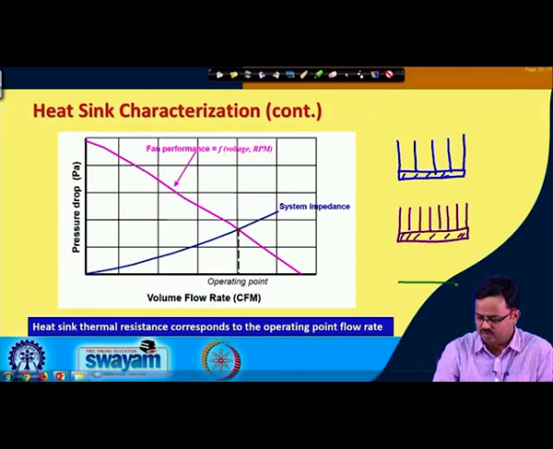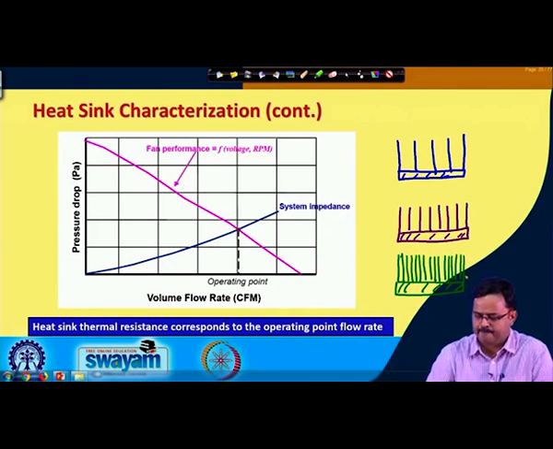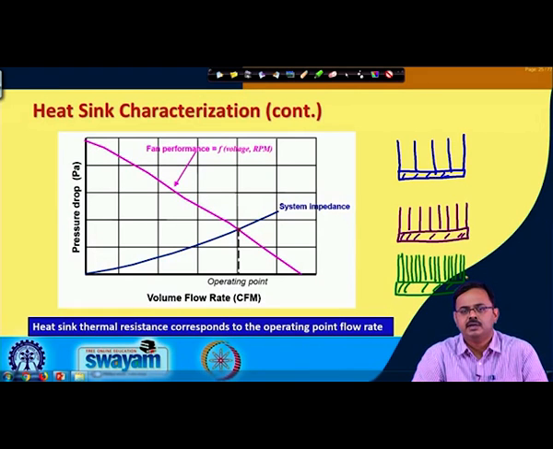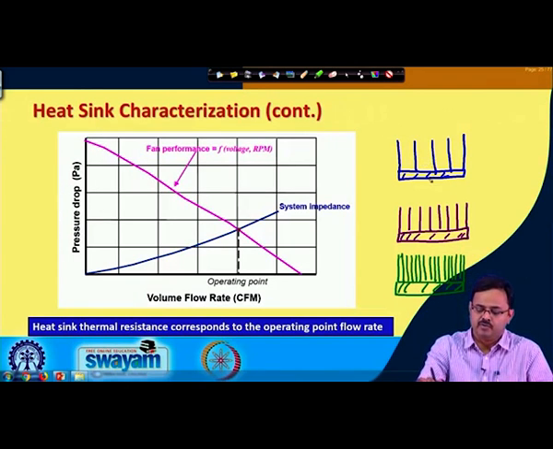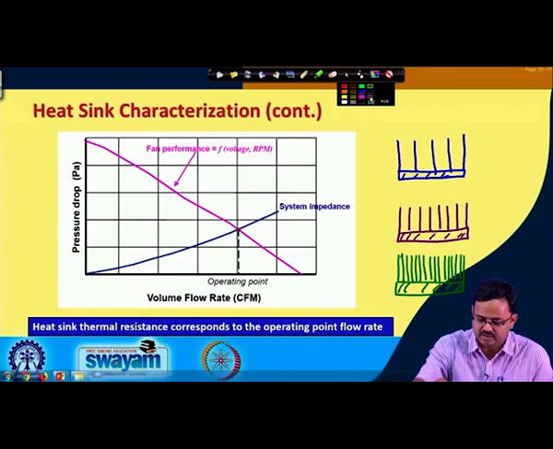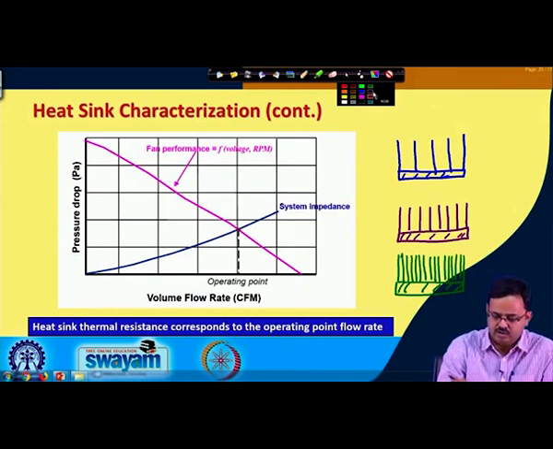I take one more. Right. So, what happens for a given flow rate, the pressure drop of the blue one is going to be lowest, followed by this purple one, followed by the green one. So, therefore, now if I plot the system resistance curves, how will it look?